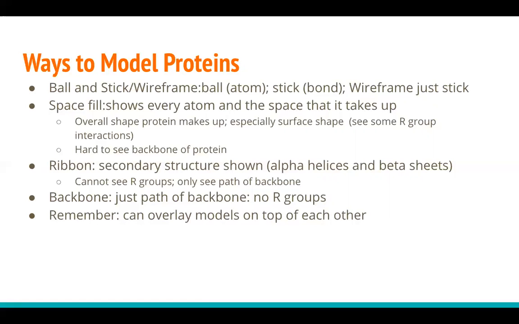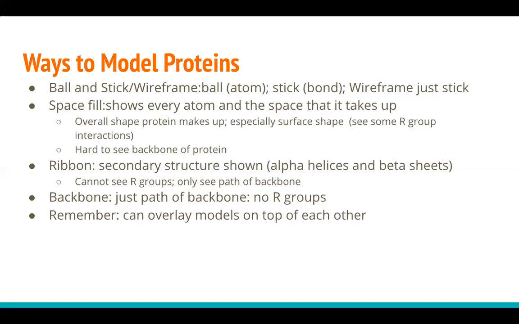The ball and stick model is like, if you're taking organic chemistry, the student kit. You have balls that represent atoms and sticks that represent the bonds, whereas with the wireframe you just have the wire, like the stick, which shows the bonds, and there are no balls depicted.